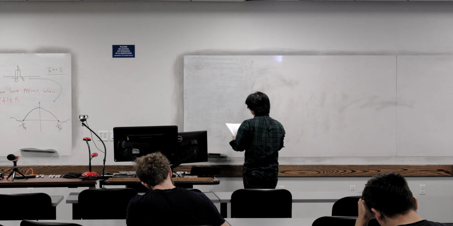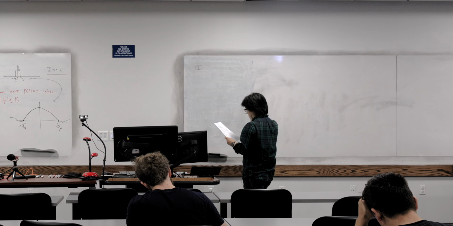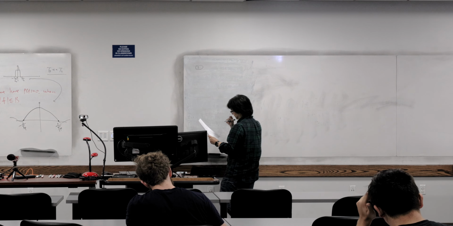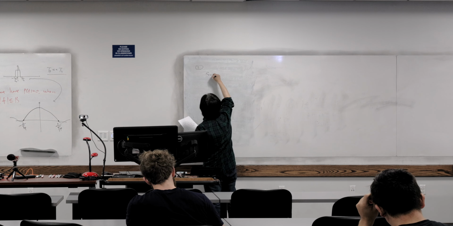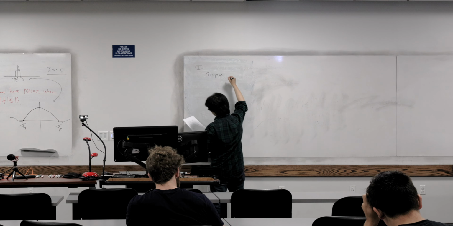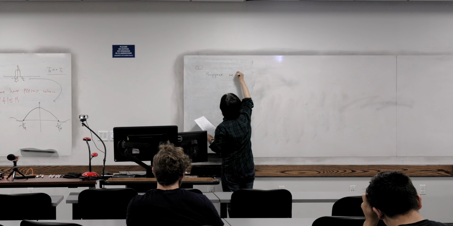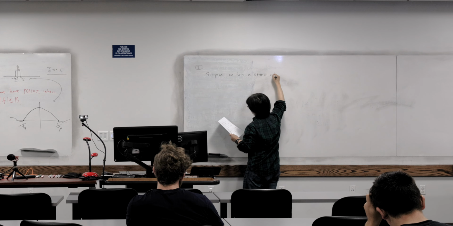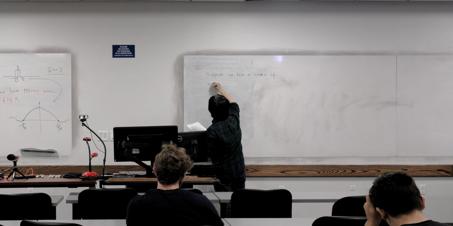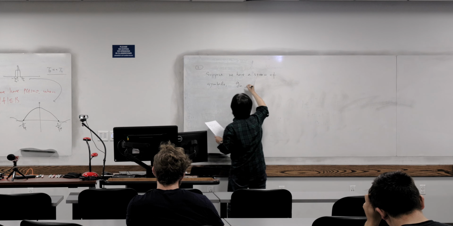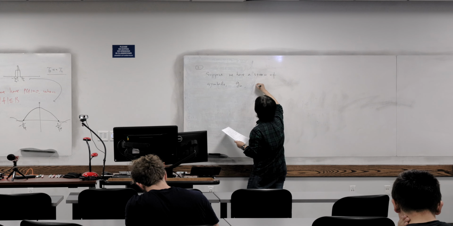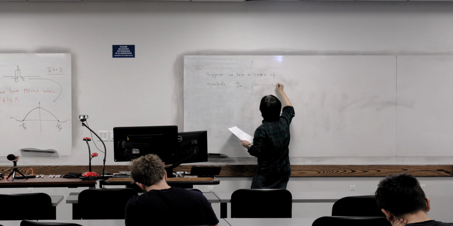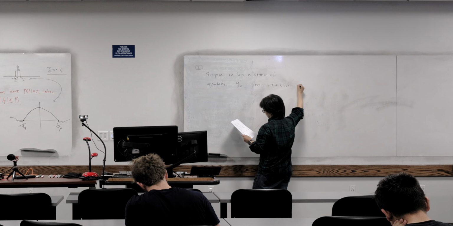Okay, so basically, let's assume that we have a stream of symbols, denoted by Gn, where n ranges over all the integers, and so on.